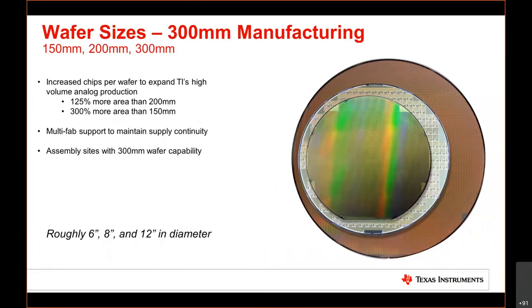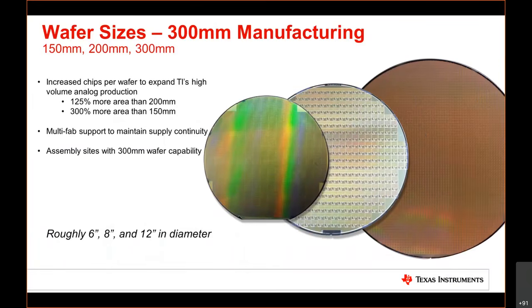Now, you may be familiar with this already, but Texas Instruments is very invested in our process technology and manufacturing capabilities. TI was the first company to develop a 300 millimeter wafer fab dedicated to just analog and power products. Since then, we've doubled down on that investment by introducing a new fab and retrofitting existing fabs to support 300 millimeter capacity.